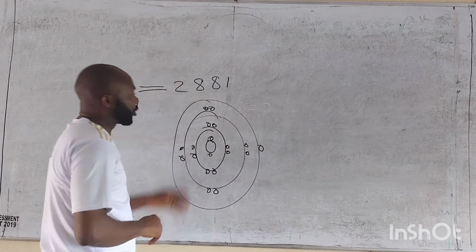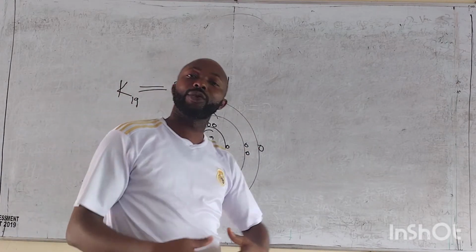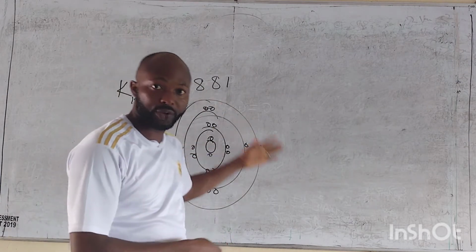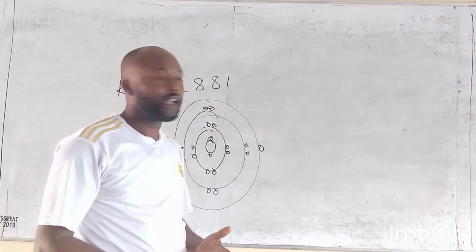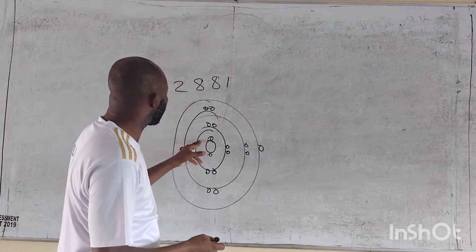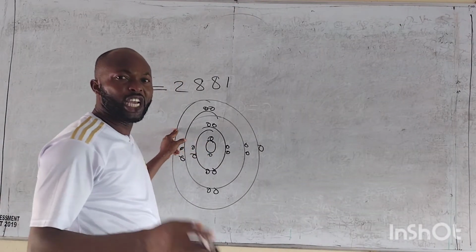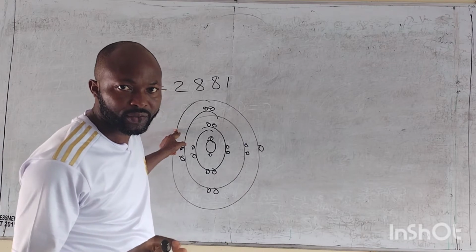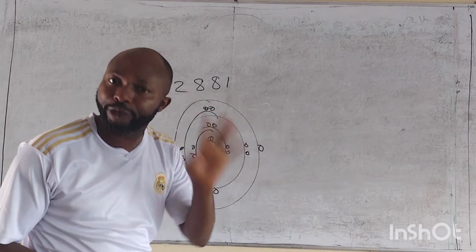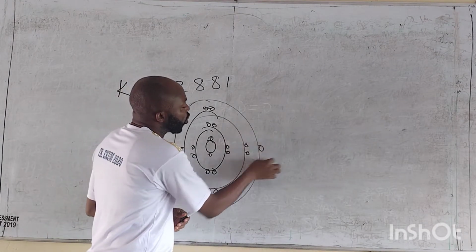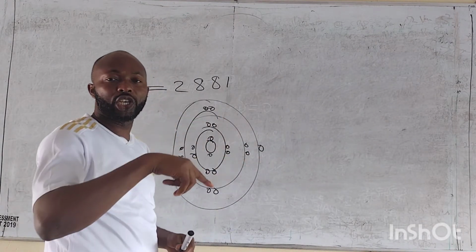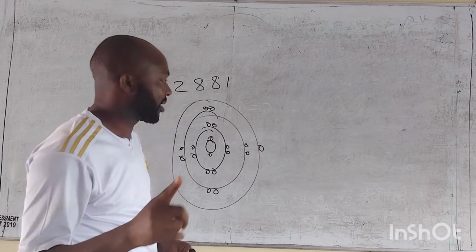Now, from here we can determine the group in which potassium belongs in the periodic table, and even the period when the case arises. It has 1, 2, 3, 4 shells. It is found in period 4 in the periodic table. And it has 1 electron in its outermost shell, so it is found in group 1.